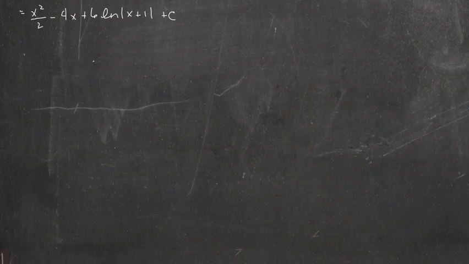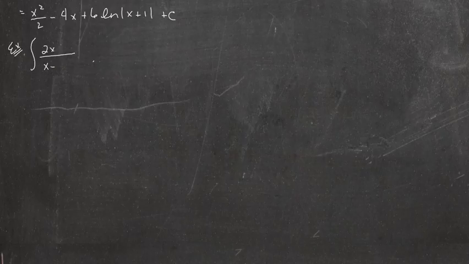All right, and then the last example involves having to change a variable. So if we're looking at 2x over x minus 1, and the quantity is squared, dx. So if I do a substitution on this, I'm going to have u equals, clearly, x minus 1 squared.